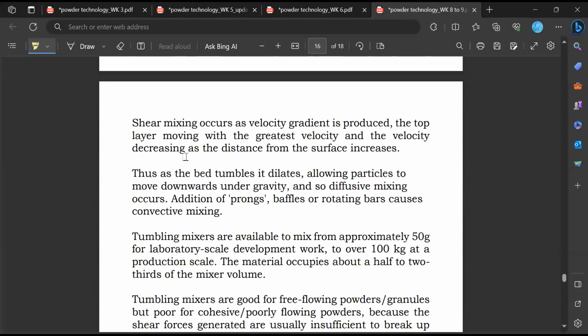When shear mixing occurs, a velocity gradient is produced, and the top layer of the powder bed will have the greatest velocity compared to the lower levels. The layer that is directly in contact with the powder bed will have a lower velocity compared to the layer on top of the powder bed.